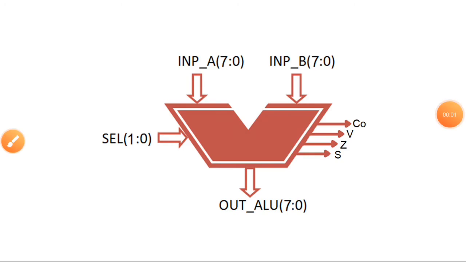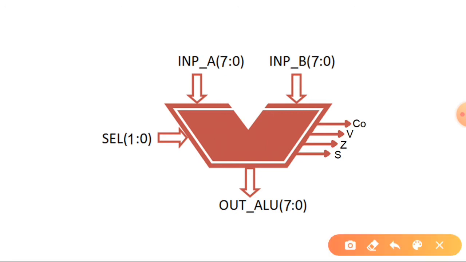This is the block diagram of a simple 8-bit ALU which we will be designing in this particular lecture. In general, the block diagram of ALU is represented like this using this particular symbol. So let us understand the different input and output pins of this ALU.